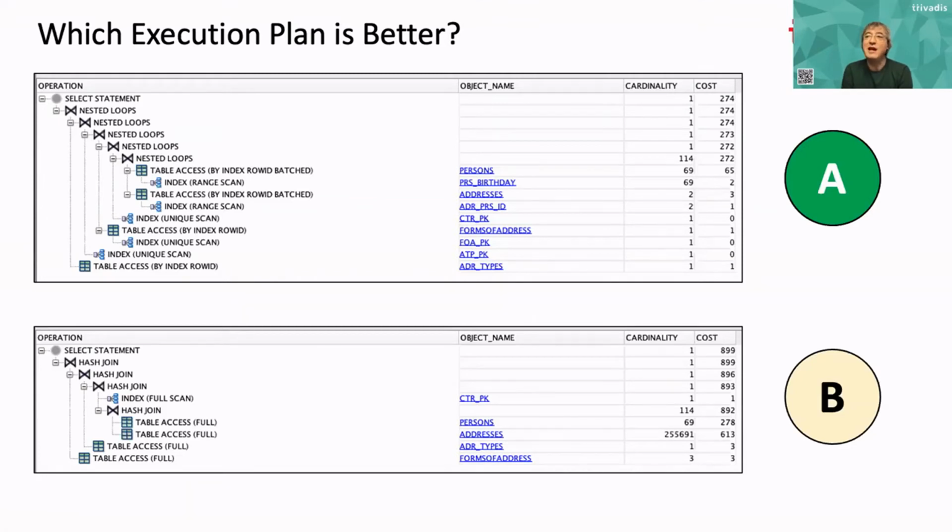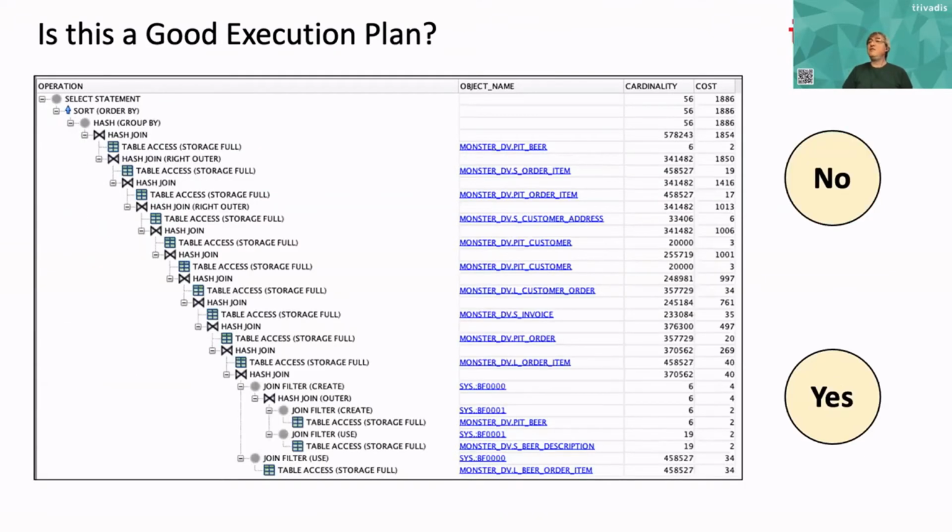And that's really the case for this statement or for these execution plans, but that's not always the case. If we look at another execution plan, here we have also an execution plan with a lot of full table scans and hash joins. And this execution plan, that's from another example from a data warehouse environment.